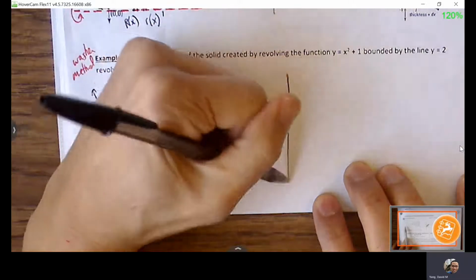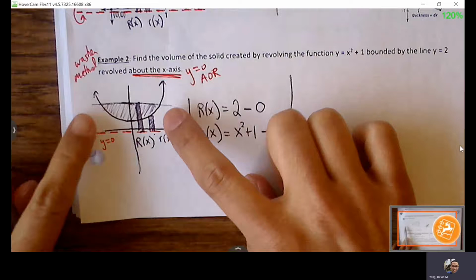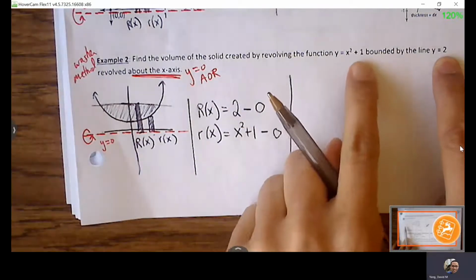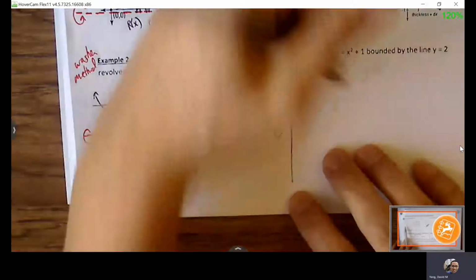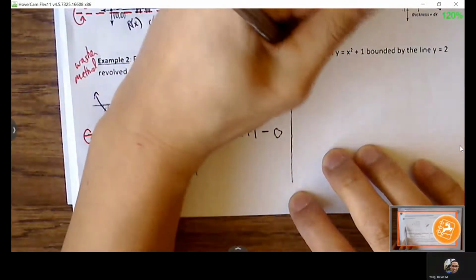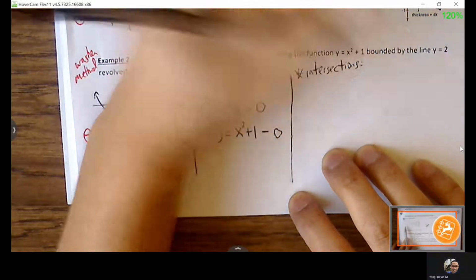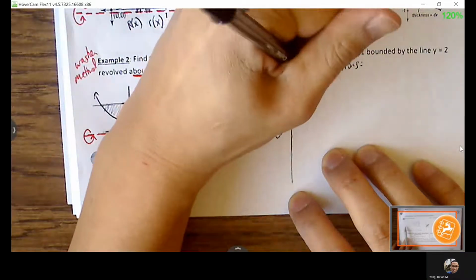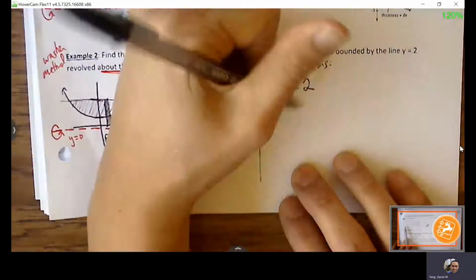Okay, what else do we need to find? The bounds. Okay, how can we find the bounds? Yeah, let's find the intersection, right? Set the functions equal to each other. Set the line equal to the curve. Okay, subtract 1 from both sides.